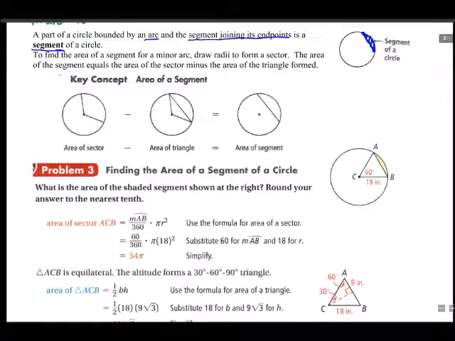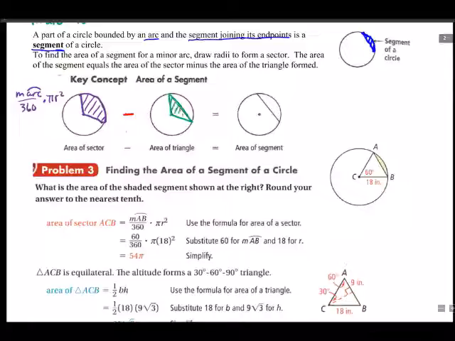Okay, now how are we going to find the area of that segment? Well, this is why I like to think of it as the pizza crust, because to do that, we take our sector, which is our slice of pizza here, right? The area of the sector is the measure of your minor arc divided by 360 times the area. And what we're going to do is subtract off the area of this triangle that we don't want.